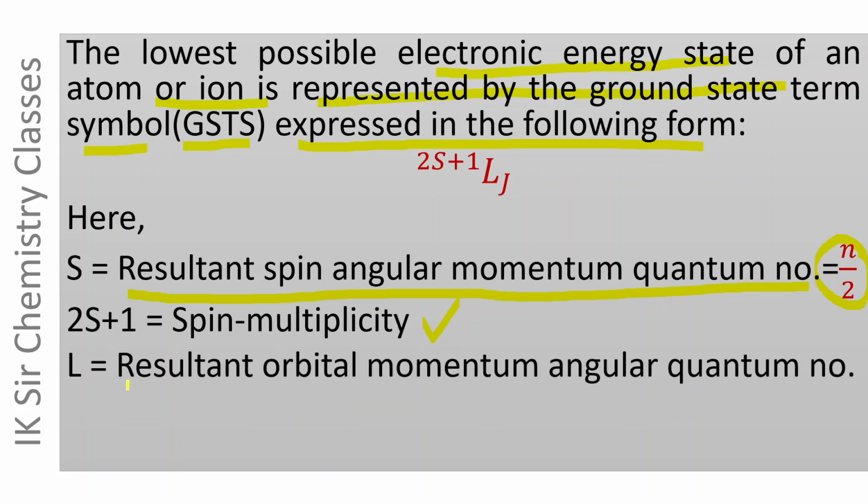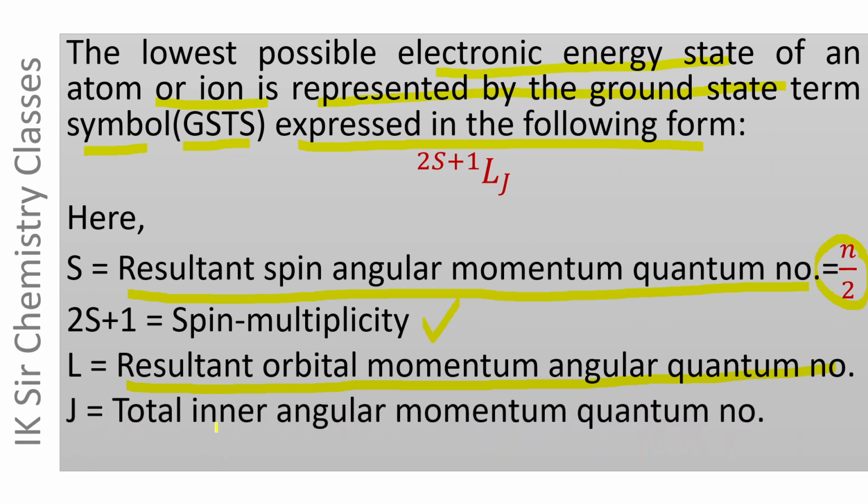L is the resultant orbital angular momentum quantum number, and J is the total inner angular momentum quantum number. This is the representation of the ground state electronic state of any atom or ion.